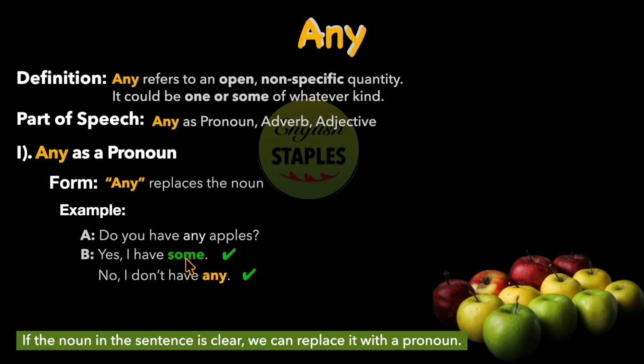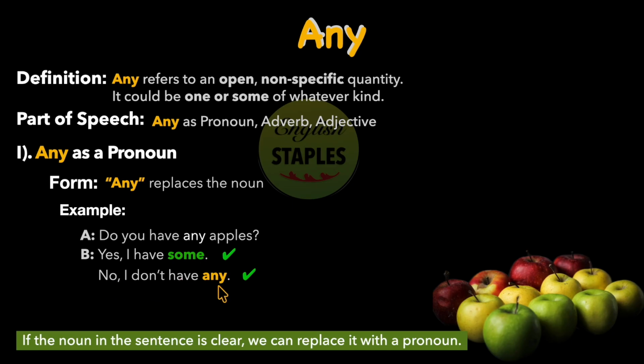But our main focus in this lesson is on the word any. In the negative, we say, no, I don't have any. We could have said, no, I don't have apples. But it is clear that the noun we're talking about is apples. So I can safely respond by saying, no, I don't have any.